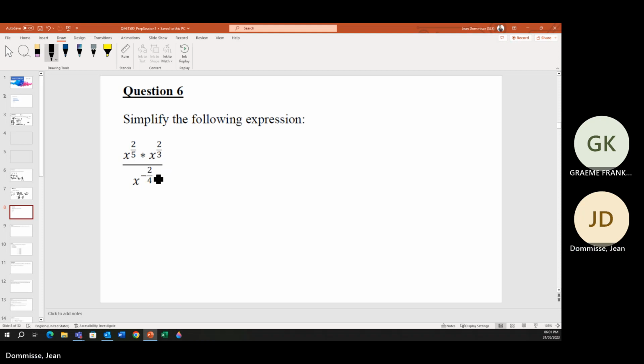So now we need to remember what the rules are with fractions, and how we work that out. So if you look at this one, let's work out a fraction component first.